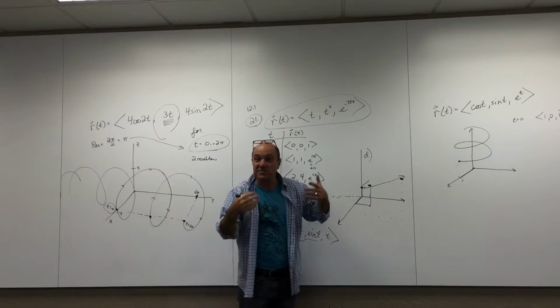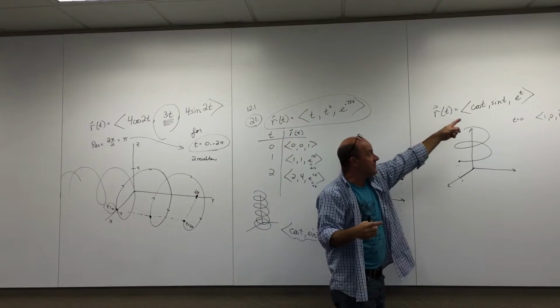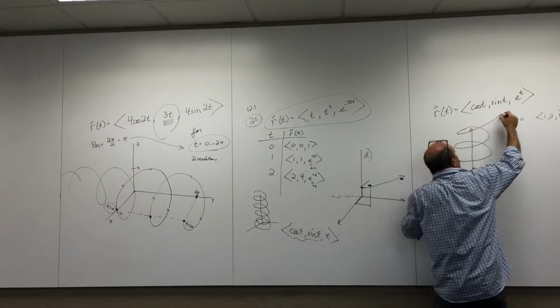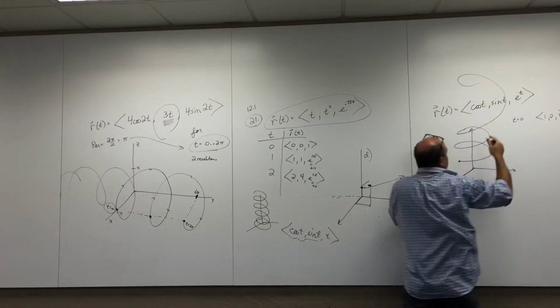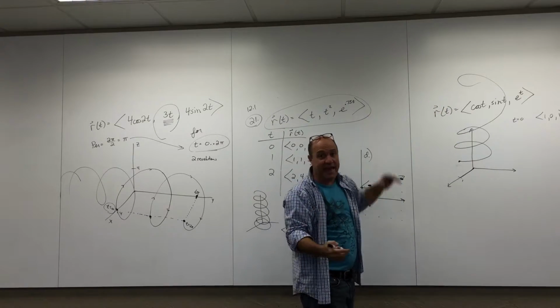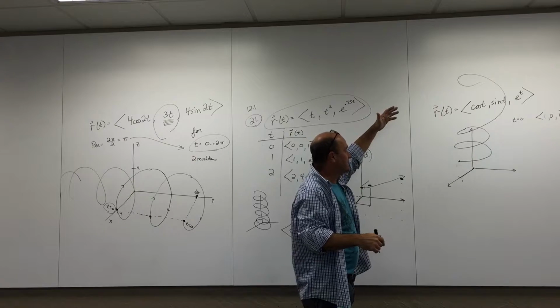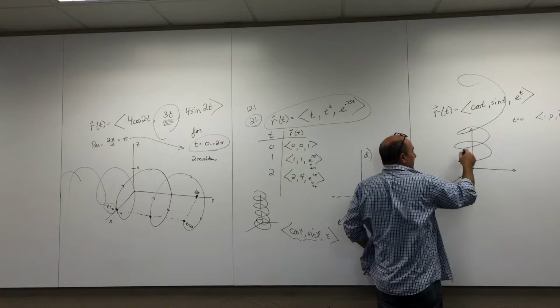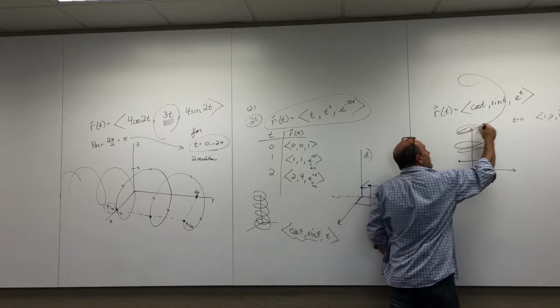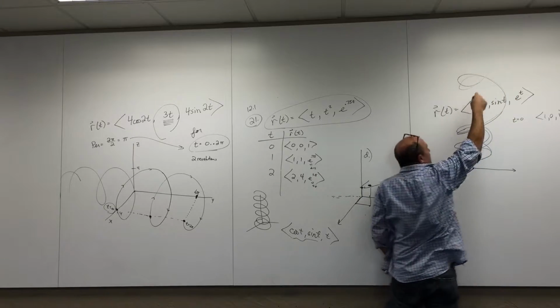I think I got exponential growth in the z direction here, and so I got a feeling that this helix has these ever-growing gaps, these exponentially growing gaps between. I mean, it's just crazy.